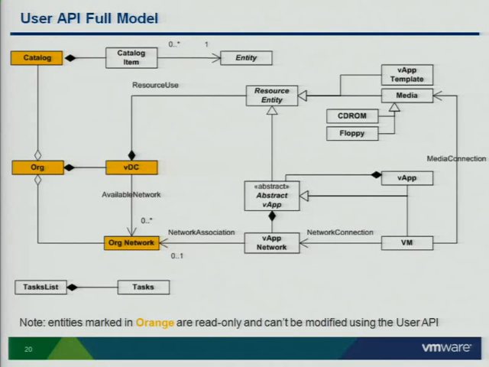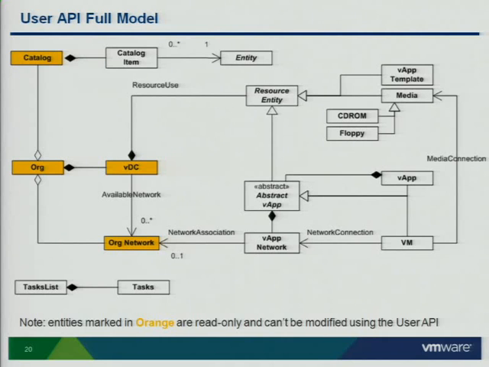VM can be connected to a VApp network, and VM has a connection to media, which could be CD-ROM or floppy. On the slide here, entities that are marked in orange are read-only, and they cannot be modified using the user API.